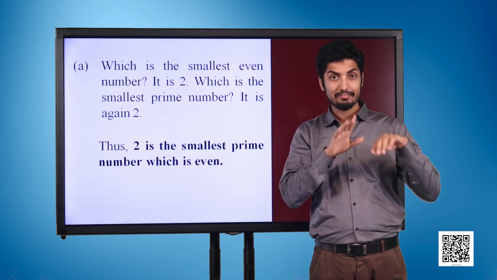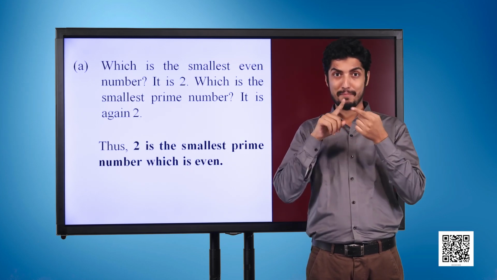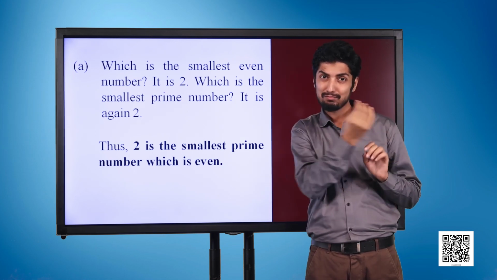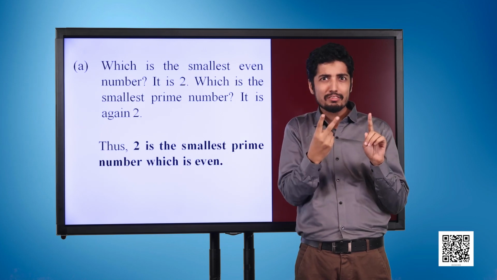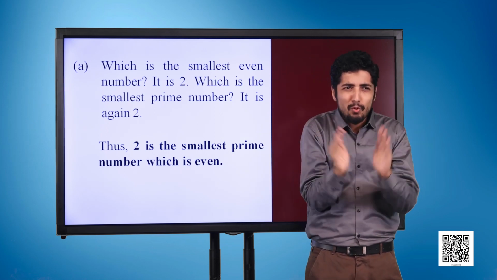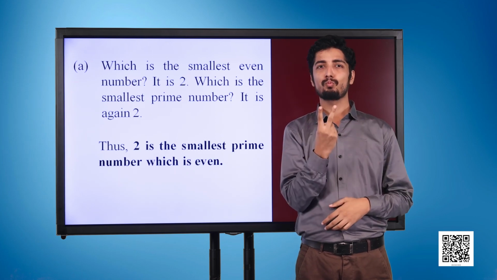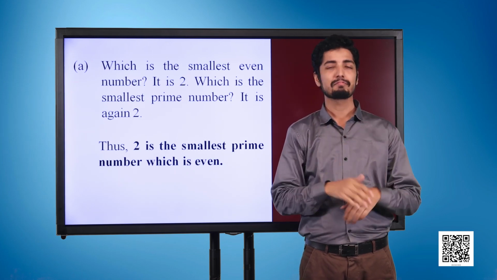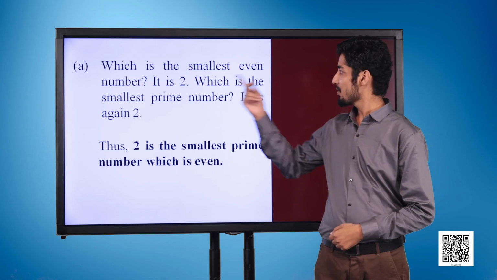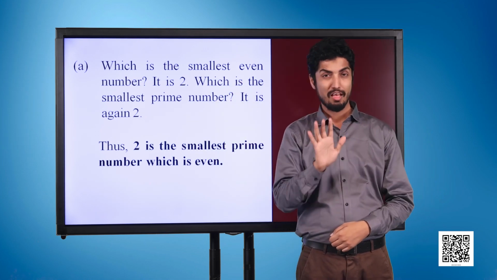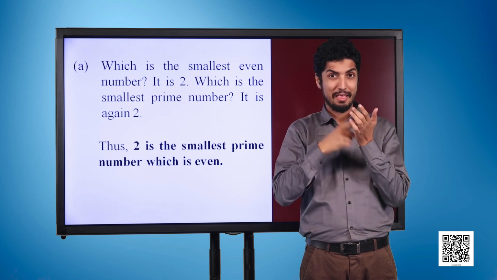Which is the smallest prime number? It is again 2. Thus, 2 is the smallest prime number which is even.